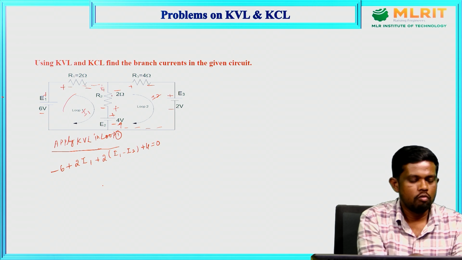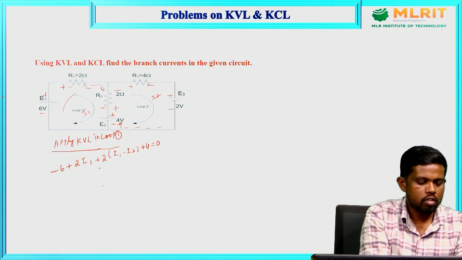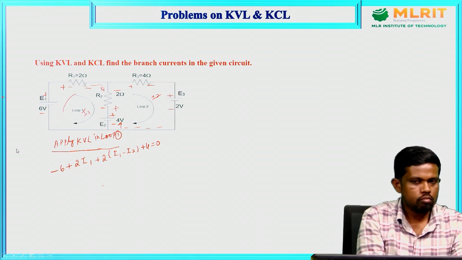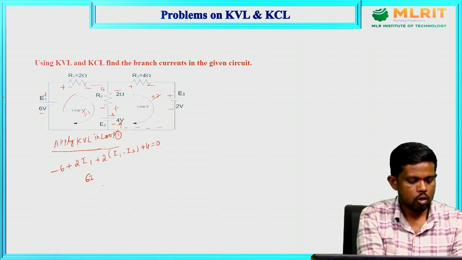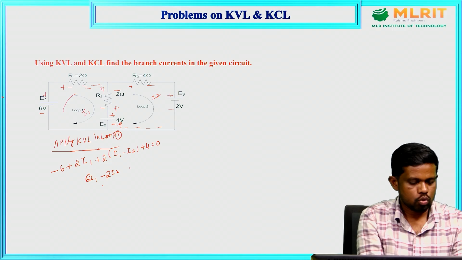So the voltage drop across the 2 ohm resistor is 2 times (I1 minus I2). Then simplifying this expression, we will get 6I1 minus 2I2, minus 2 equal to 0.